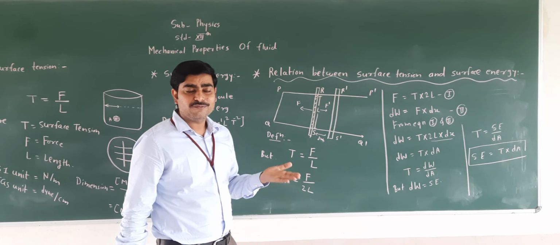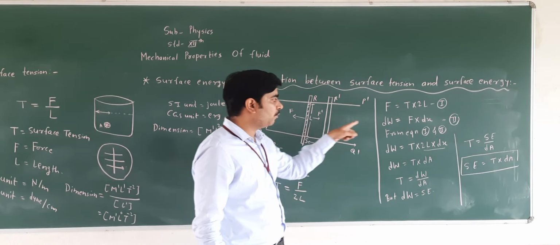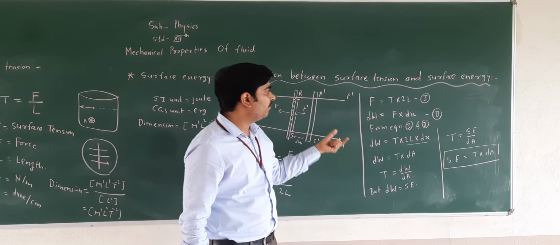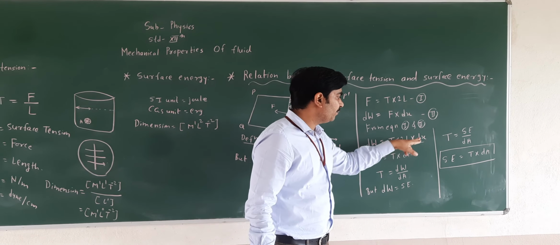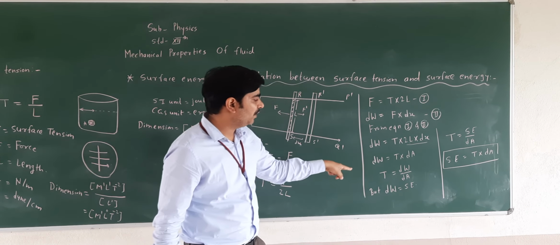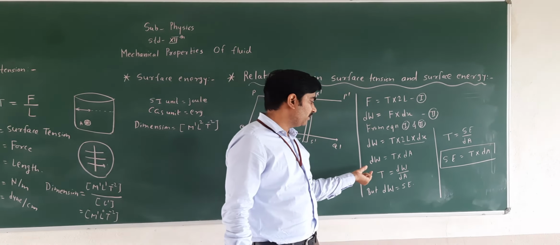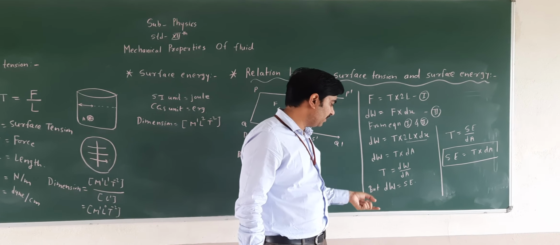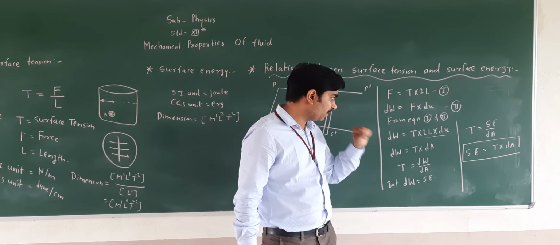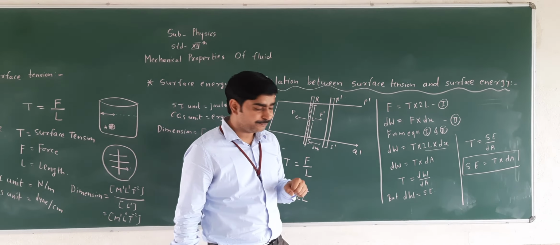Then according to the definition, work is equal to force into displacement. So dW is F into dx. What is the value of F? T into 2L into dx. 2L into dx, length into breadth, is nothing but the area. So dW is equal to T into dA. Therefore T is equal to dW by dA. So surface tension is equal to work done per unit area.